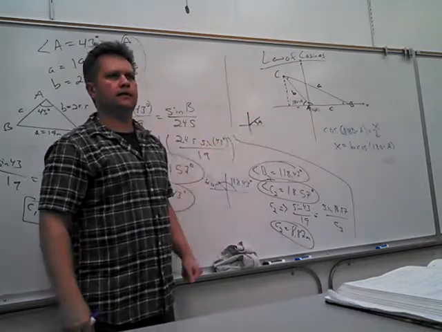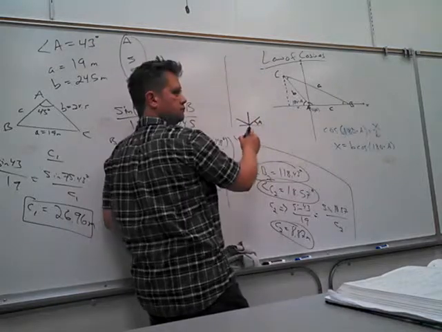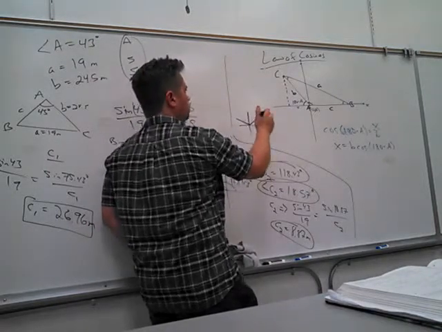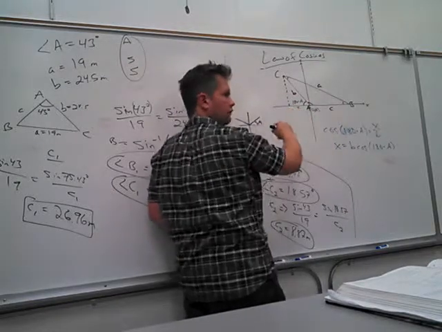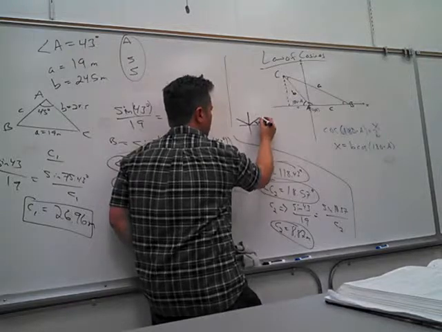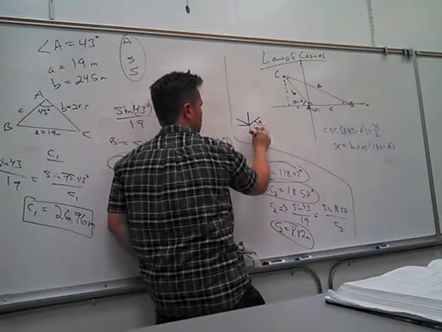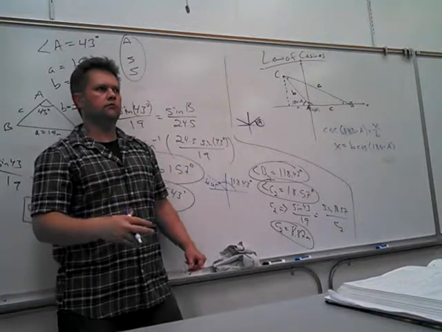What's 180 minus A? It would be back here, right? So the really cool thing is, this X should be negative, right? So I would get the same value if I just used the angle itself, A, but it's just got to be the negative of that.